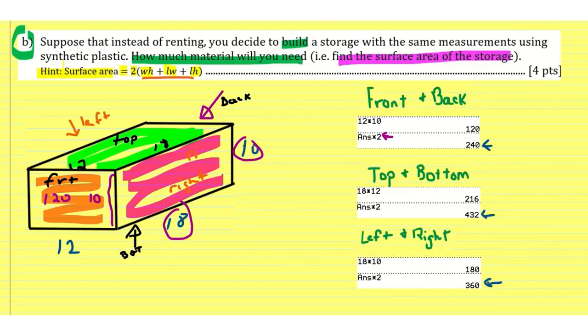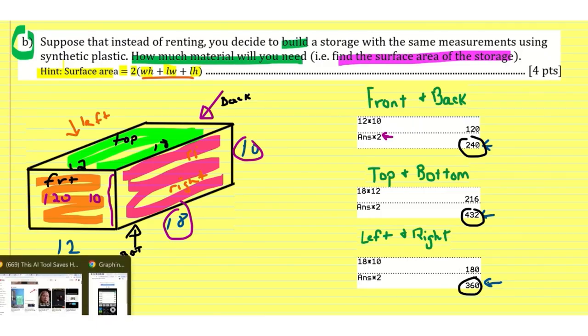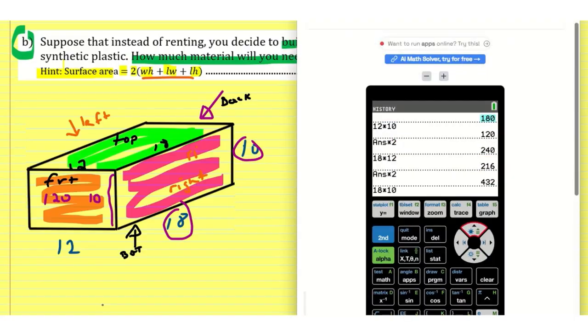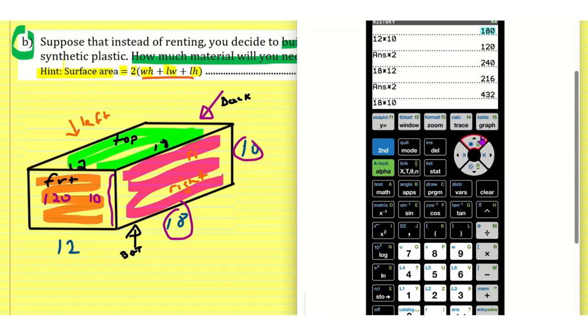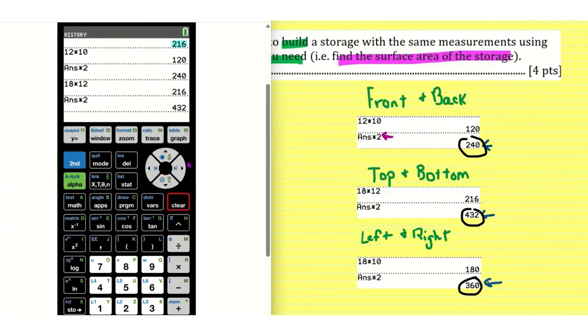So if we add up all of these numbers, the 240 plus the 432 plus the 360, that is going to give us our total surface area. So let's pull up our handy dandy calculator and add all those numbers up.